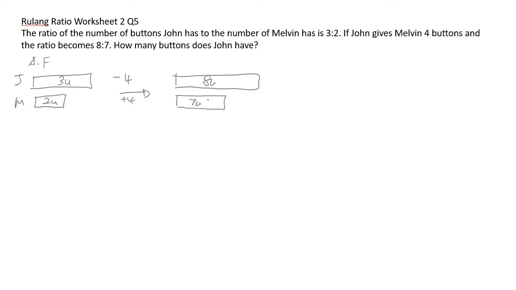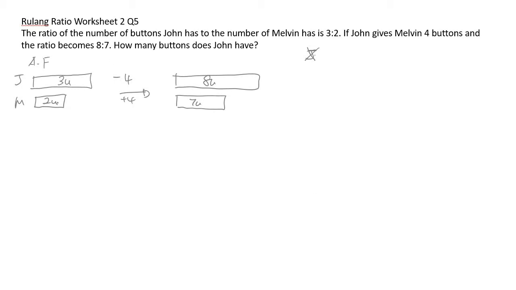Okay, that's why I said we have to ask ourselves what is not changed. Can we see that when this one changed to this one, it's because there is a giving away of 4 buttons. So John changed? Yes, John changed. So John cannot be used as a clue to solve the problem.